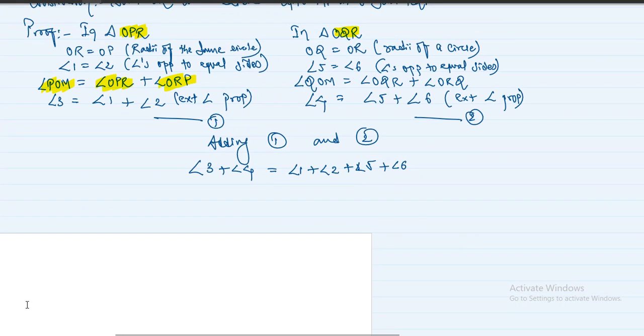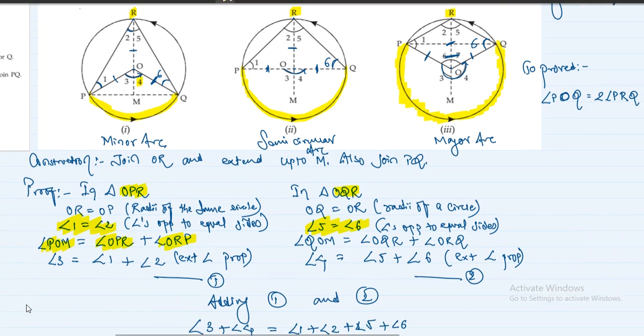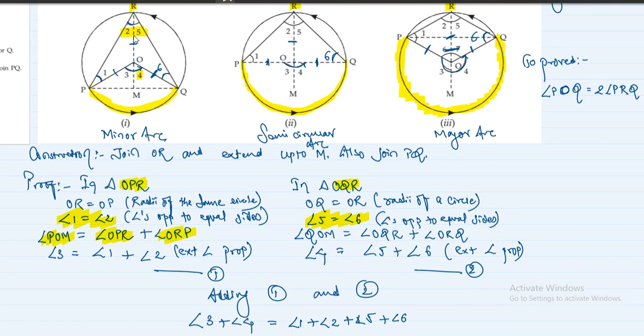But there is one very important thing you should know, that angle 1 is equal to angle 2 and angle 5 is equal to angle 6. So in place of angle 1 and angle 2, can I write 2 times angle 2? And in place of angle 5 and angle 6, can I write 2 times angle 5? Yes, I can. You know why? Because I want these two angles together.